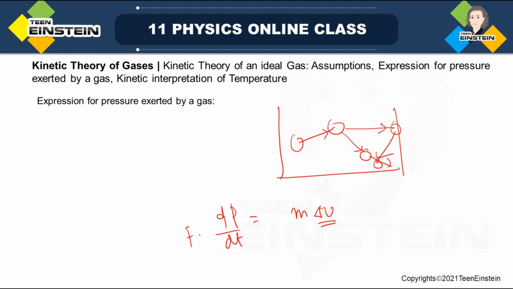dp/dt is equal to force. Then once we get the force, we can divide that by the area of cross section of the container. That would give you the expression for the pressure. Okay, this is how you should do it.